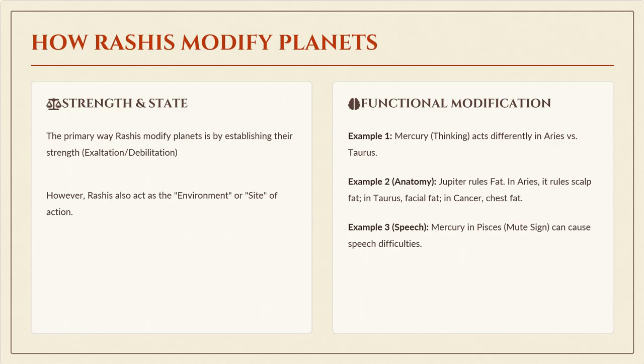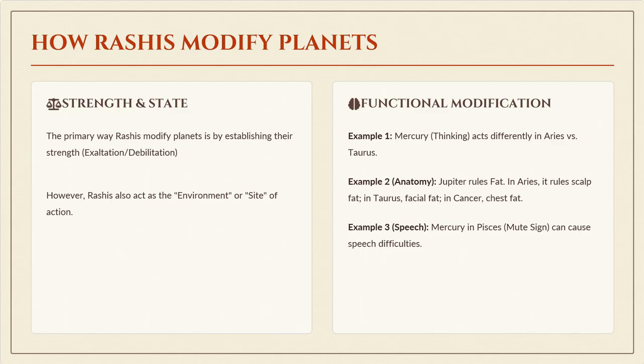For a particular planet, there is a particular Rashi which will be its exaltation state and which will be its debilitation state. We will understand this later on: which planet exalts at which Rashi, which debilitates at which Rashi, what are the friendly signs, the enemy signs, and the neutral signs. So this is one way Rashi interacts with a planet, and there are other ways also.